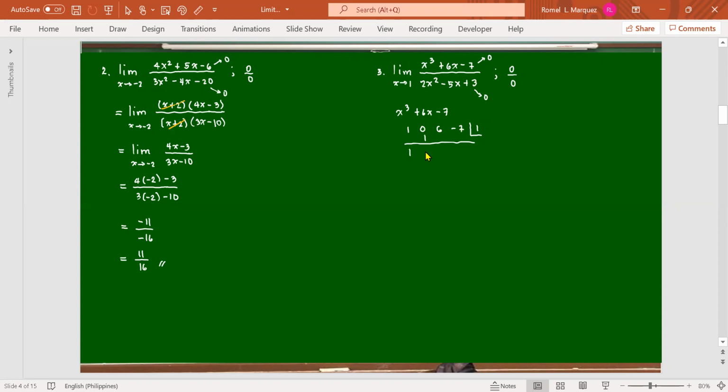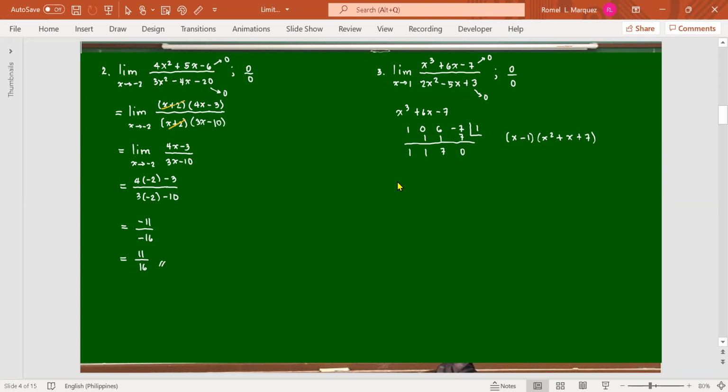So that is 1, add, multiply by 1, add, multiply by 1, then add. So this means that the factored form of x cubed plus 6x minus 7 is x minus 1 times x squared plus x plus 7, right? Okay, guys?